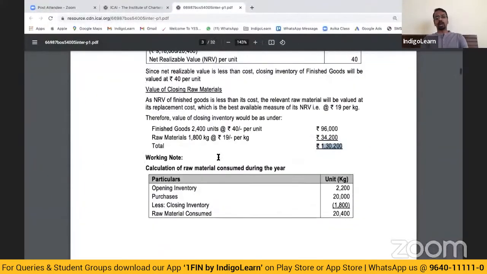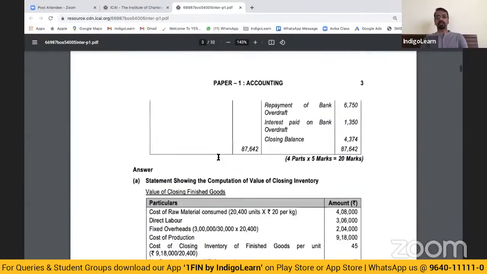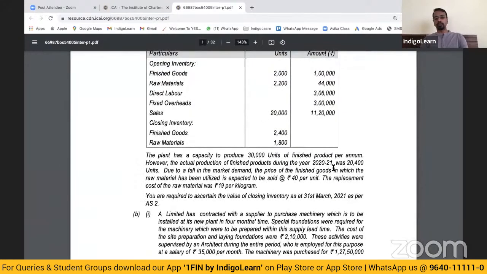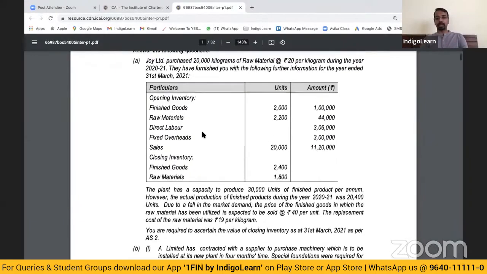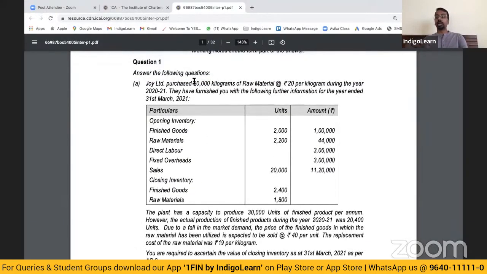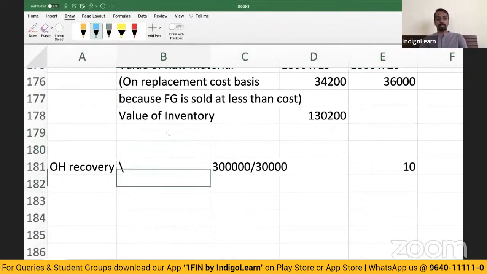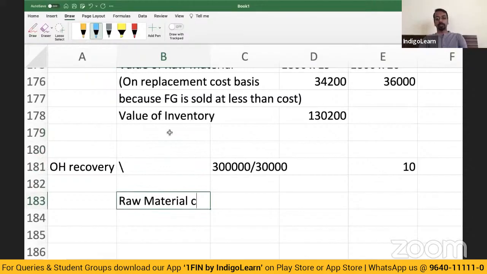Which may not be really relevant in this question because the question itself has said 20,400, but it is good that you check it in the examination. Otherwise, if there is any balance figure, there may be a mistake. So we can add that. Raw material consumed: you will apply the concept of costing.